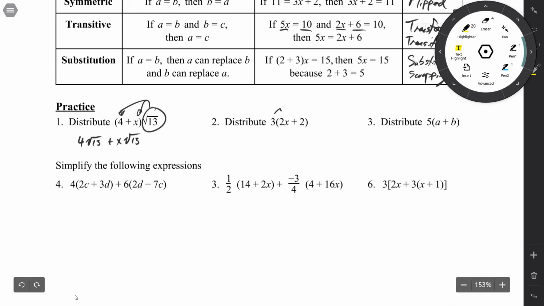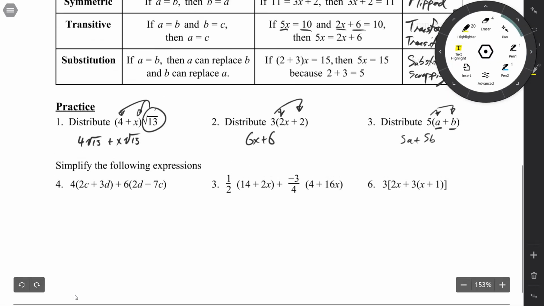That's as simple as that. For this, we'll take the 3 and distribute it to the 2x and the 2. So we would get 6x plus 6. Easy enough. And even if we have multiple variables in a parenthesis grouping like this, we can distribute it to both of those variables. So this would just turn into 5a plus 5b.